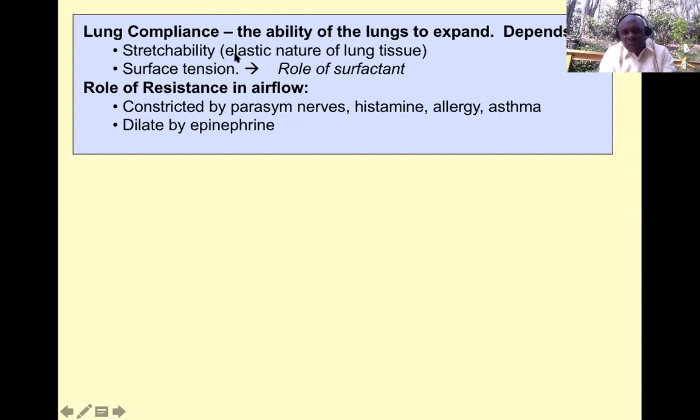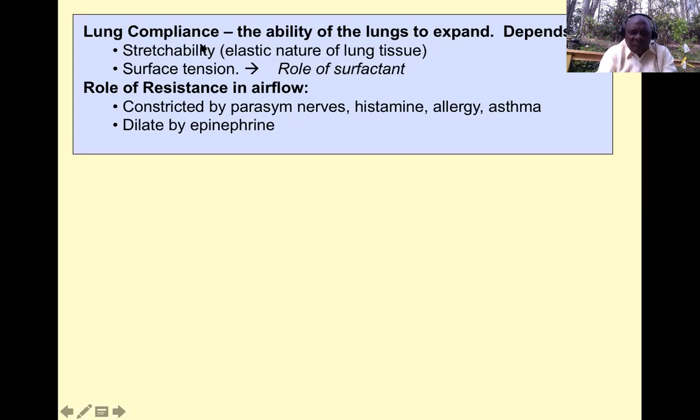It becomes very flexible, easily stretchable. So these are the two factors that help the lungs to easily expand. And again, we've already talked about a disease in preterm infants that could affect surfactant, the respiratory distress syndrome.